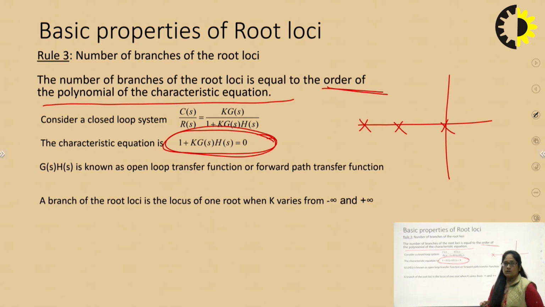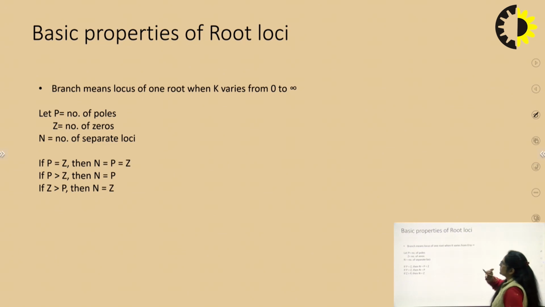Each root locus will originate from a pole and terminate at an open loop zero or terminate at infinity, starting from k equal to 0. So, branch means the locus of one root when k varies from 0 to infinity.